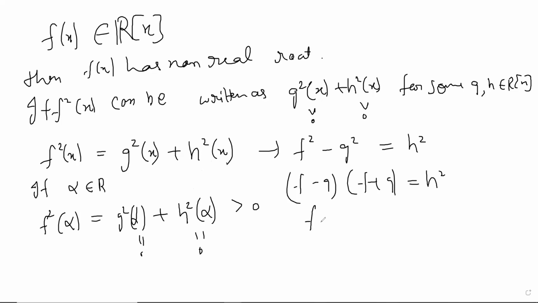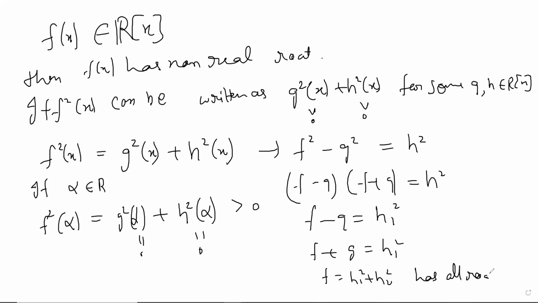Then f minus g must also be a square, and f plus g must also be a square, and there you get that f is a square. You get something much stronger: f has all roots complex. Of course there is a catch, this is under the assumption that they are coprime. So if f, g, and h are coprime, then f has all roots complex.